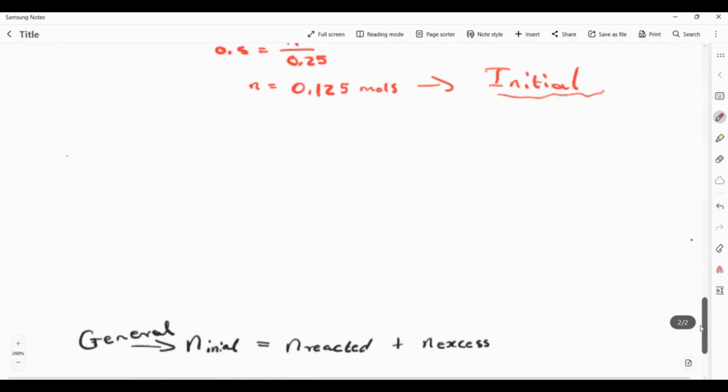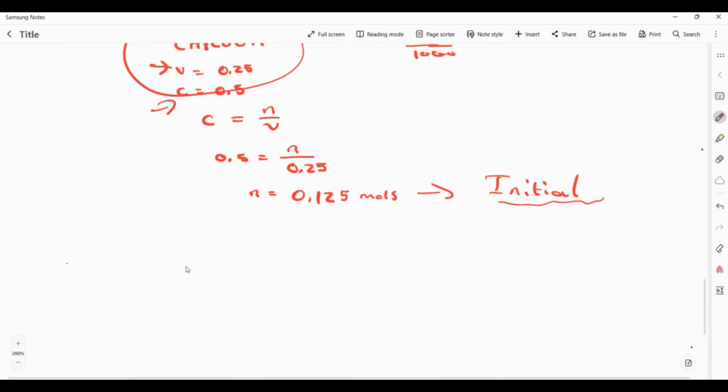You have the information of your base, NaOH, which is C equal to 0.968. And also the volume: can you convert 25 into cubic decimeters? Because it was cubic decimeters, not cubic centimeters. 0.025. All right.